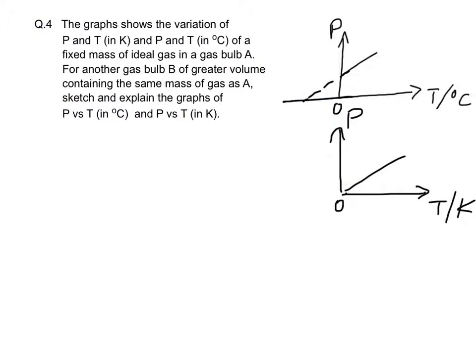Now take some time to study question number 4. By using the equation of state, we have PV equal to nRT with temperature T in Kelvin scale.